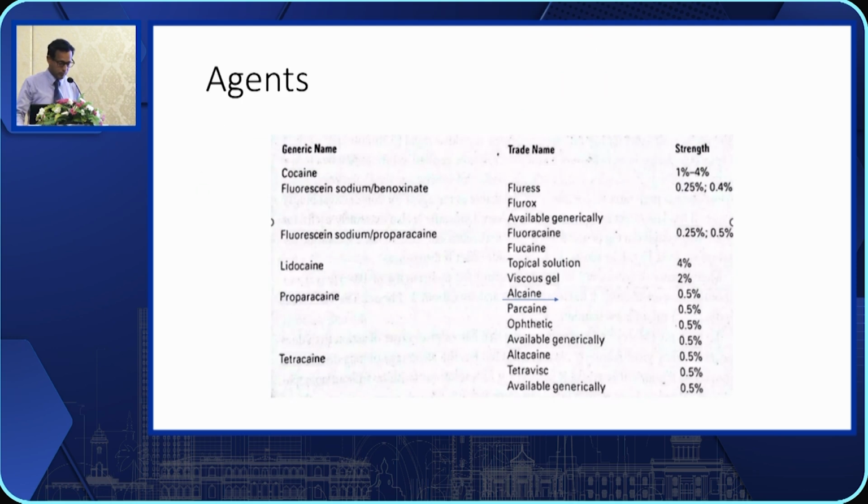What drugs are we using in topical anesthesia? Cocaine was the first drug used, in the 18th century. Now commonly used are 2% lignocaine eye drops, proparacaine, which is called Alcaine, and tetracaine. There are a little bit of pharmacological differences between these drugs.